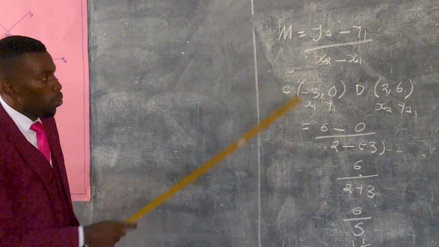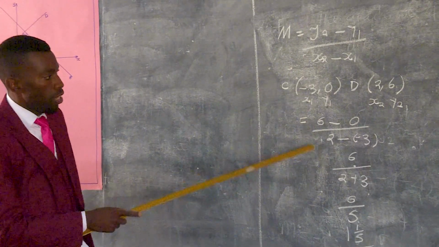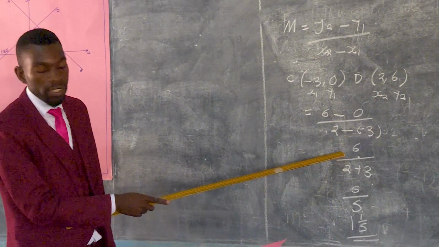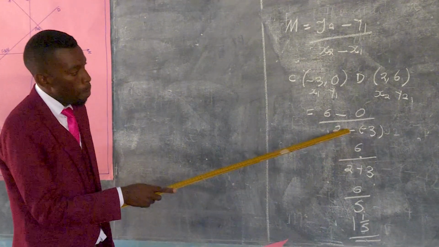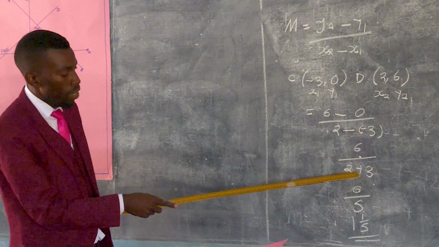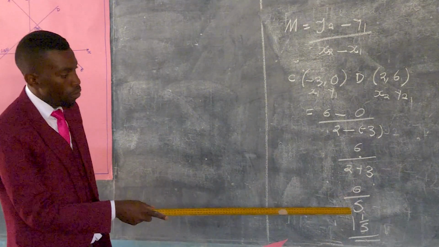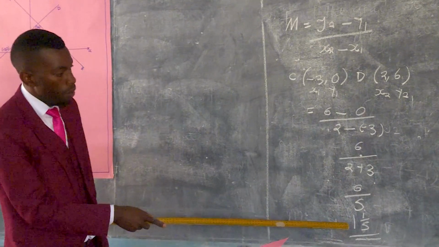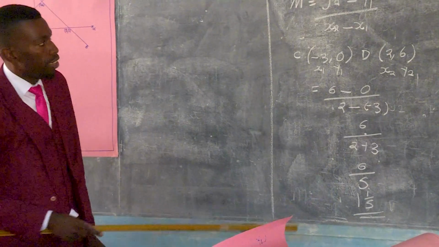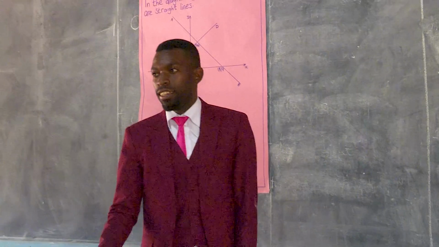Then where there is x2, we put 2. Where there is x1, we put -3. Then from here on, we do the operation. So 6 minus 0, that is 6. Then 2 minus -3. So these signs are multiplied to give us the plus sign there. So 2 plus 3, we have 5. So 5 into 6, we have 1, remainder 1 over 5. So that is it, the gradient of the line CD.